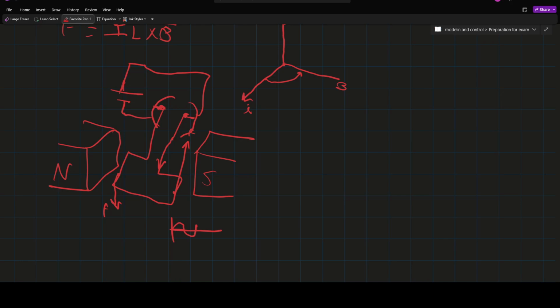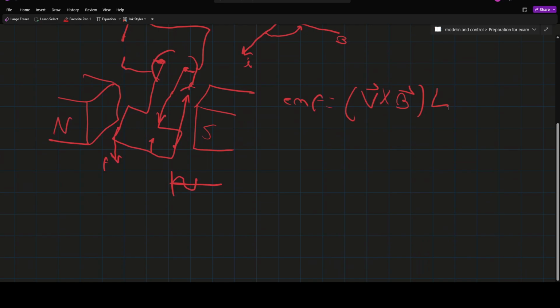Now, what if we don't have a current in the conductor, but we have a field? We just have the field, and then instead of having a force, we have a velocity in the conductor in a field. Well, that is Faraday's law, and here we will have an EMF produced. That is the cross between the velocity and the field times the length of the conductor.